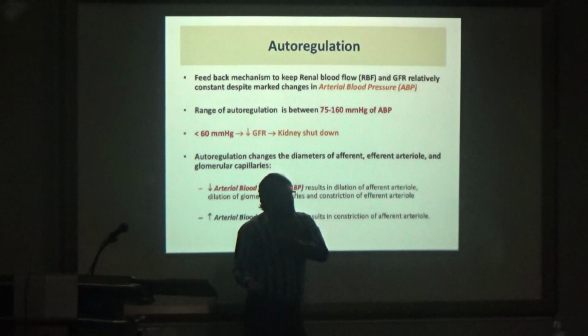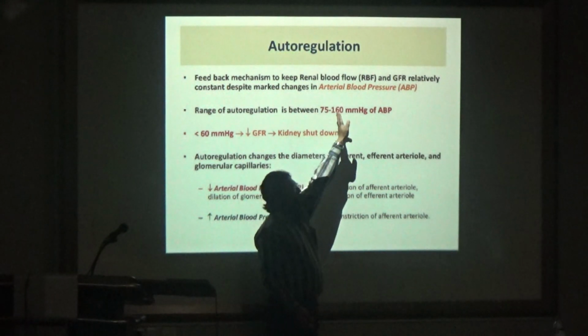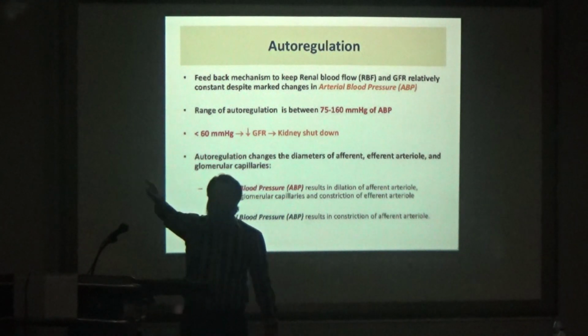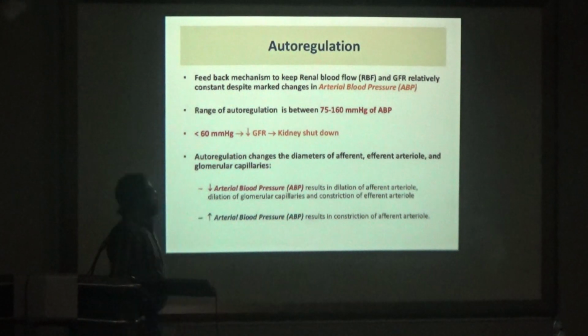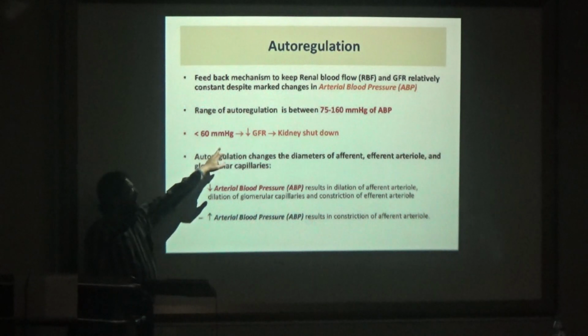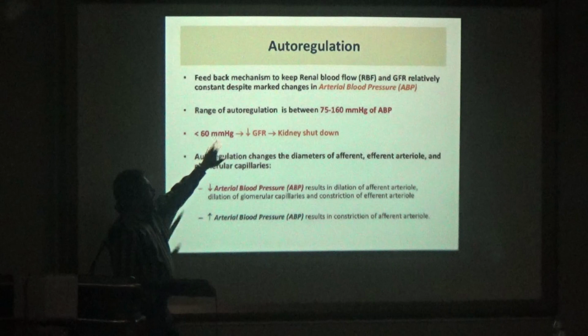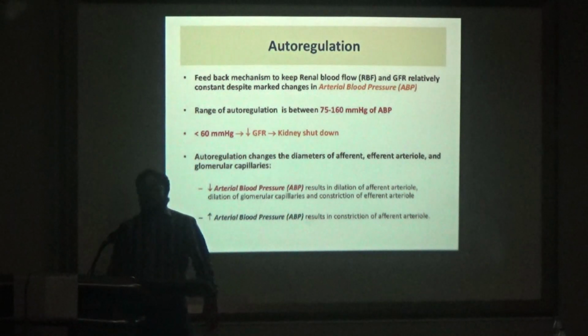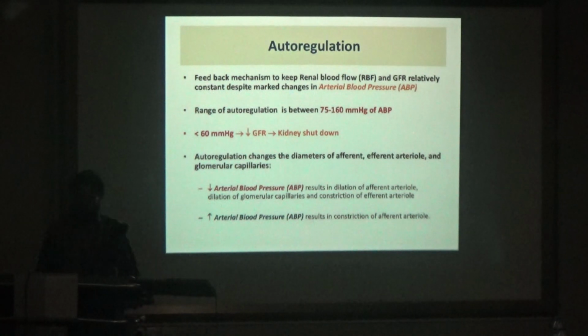If the blood pressure increases up to 150 or 160, still the GFR remains the same. The problem would come once the blood pressure really goes down below 60. This is the place where the GFR will go down and the kidney is going into a shutdown phase.